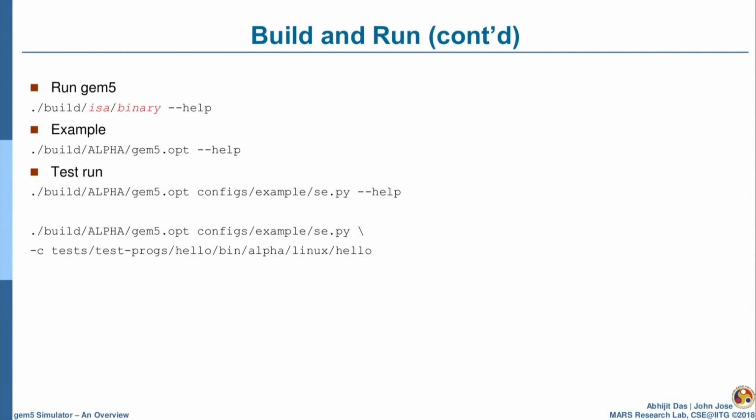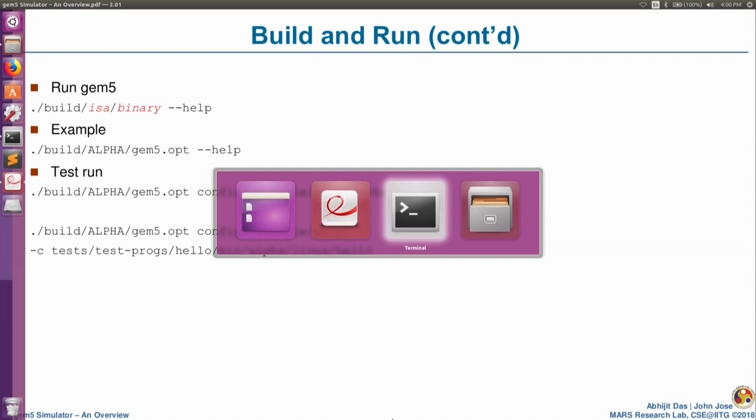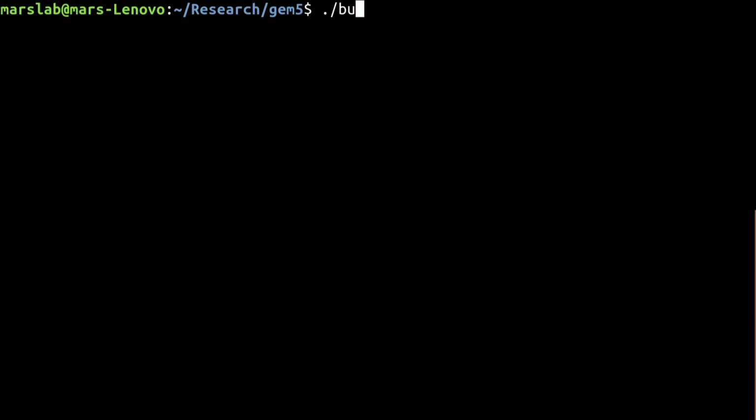After this, we can run this command to have a sample simulation run on gem5. Let me show you. The configuration script, which is kept in configs/example/se.py, then I am using the -c option, and then I am specifying a test program which is kept in a directory called tests.